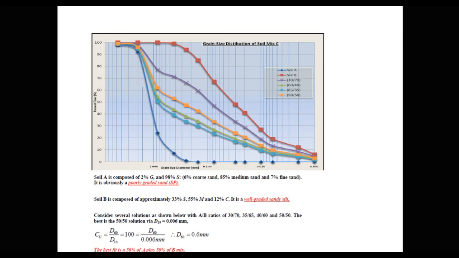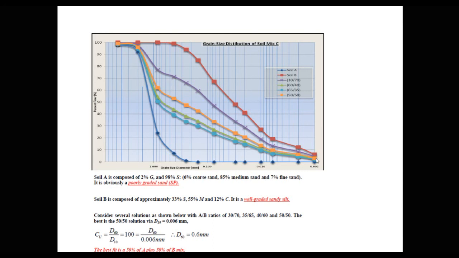And essentially what was being done here is to determine what really fit the bill or fit the curve, no pun intended, but that's what we are trying to do, fit the curve here. So looking at this 50-50, that is 50% soil type A and 50% soil type B, you're going to see that the gradation curve spans all the way from the left to the extreme right.